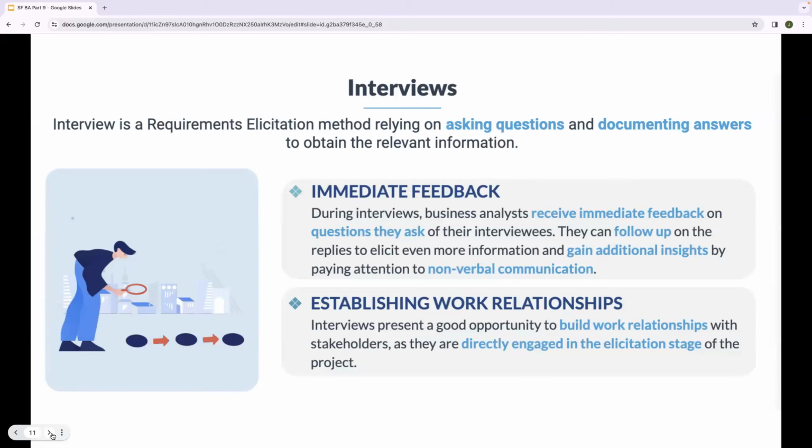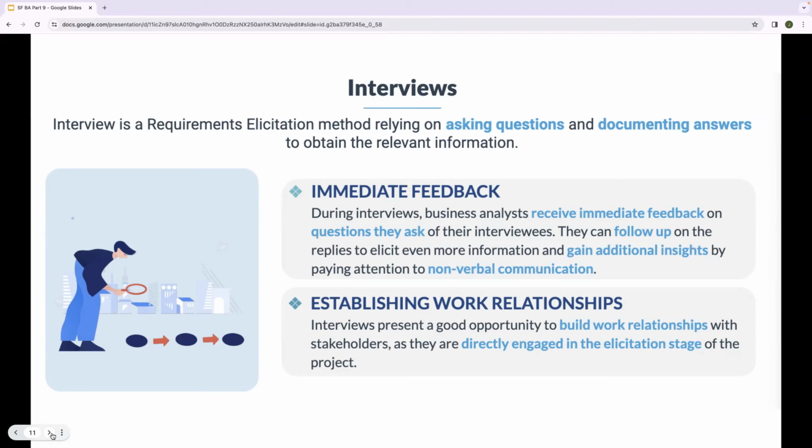Interviews. Interview is a requirement elicitation method relying on asking questions and documenting answers to obtain the relevant information. Immediate feedback. During an interview, business analysts receive immediate feedback on questions they ask of their interviewees.